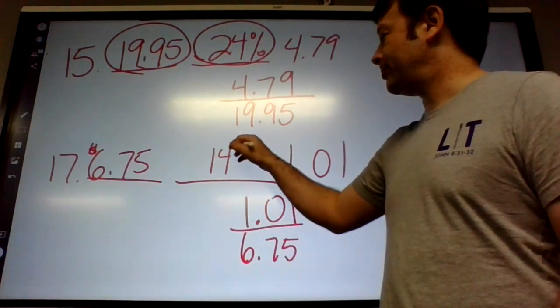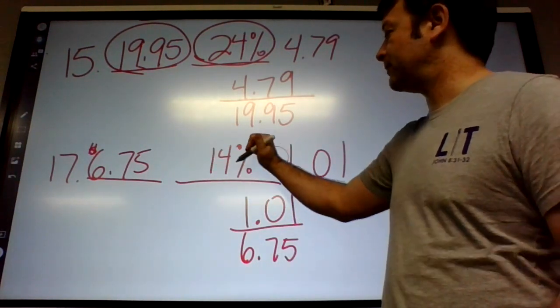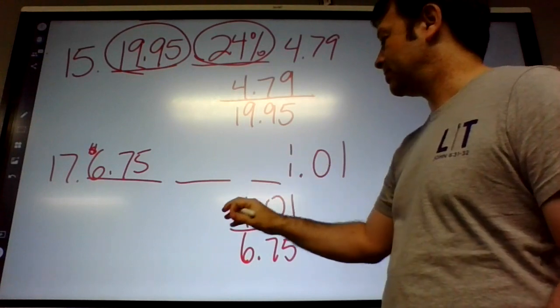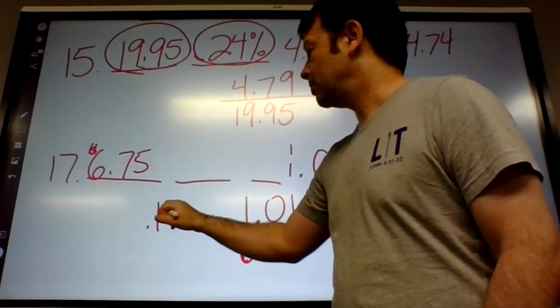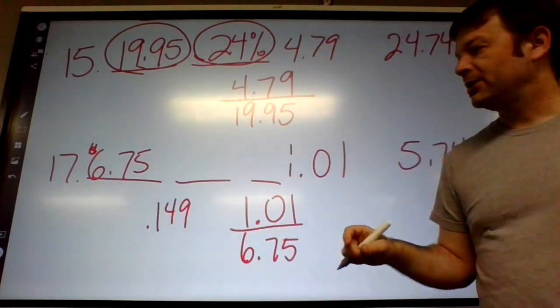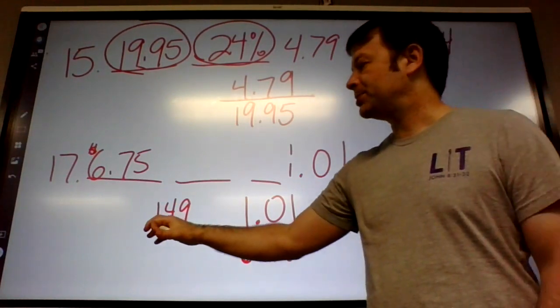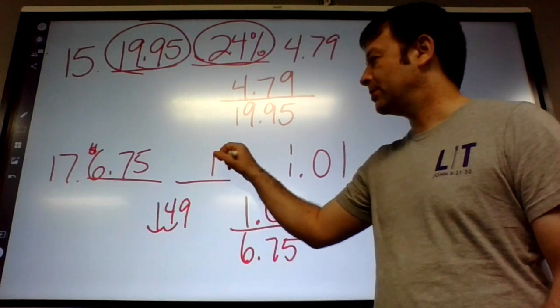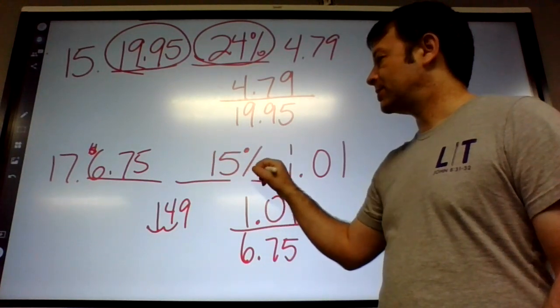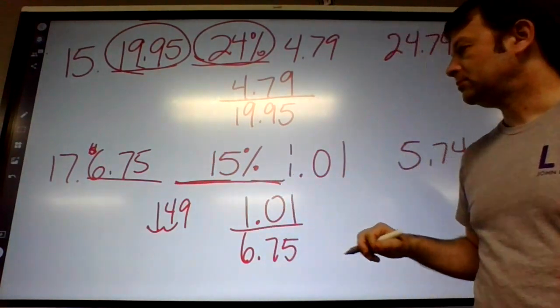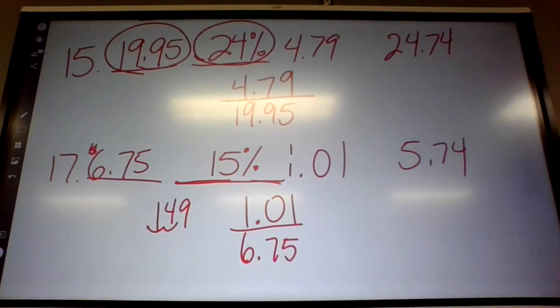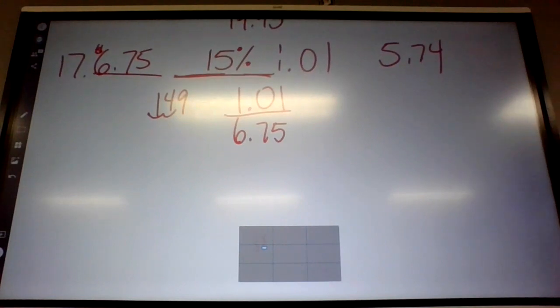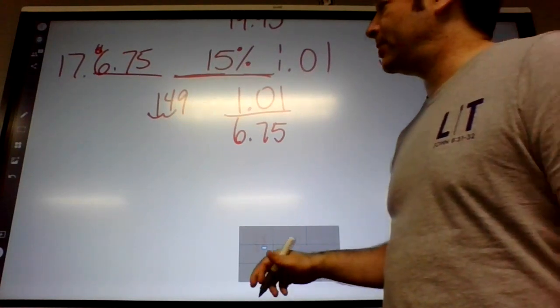If it doesn't come out, maybe 15%. Okay, what did it say exactly? 0.1496. Okay, so we're going to round it to the nearest percent. So 14.9% rounds to 15%. Make sure, if you round it wrong, it will be wrong. It would be a shame to do the problem right, but then round it wrong.